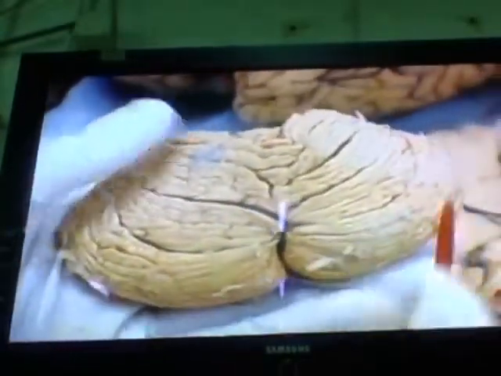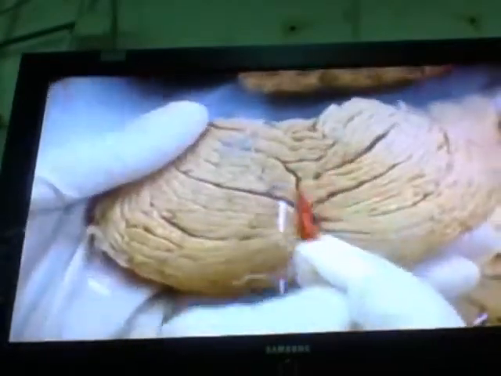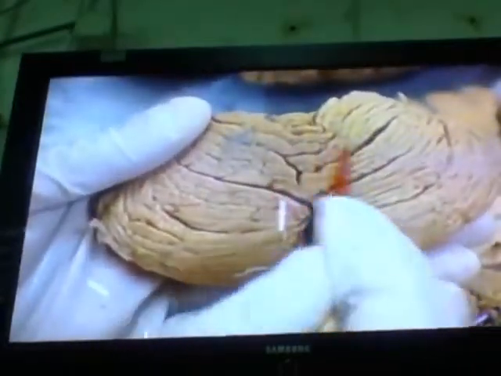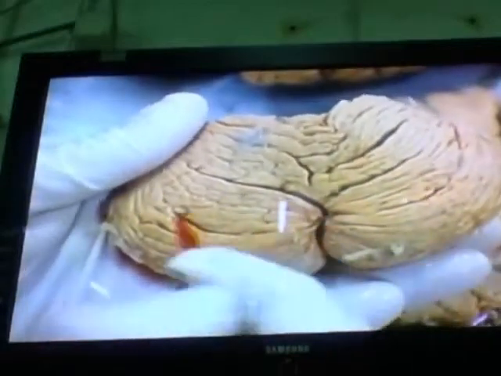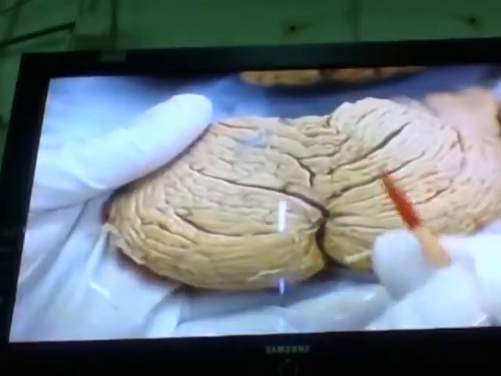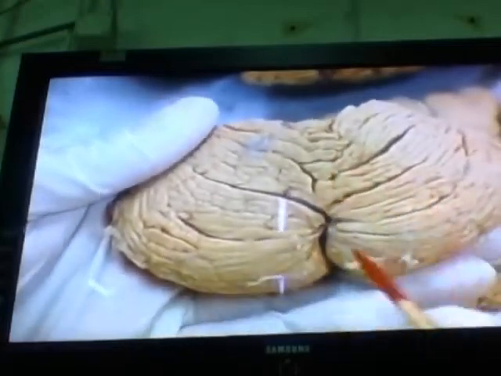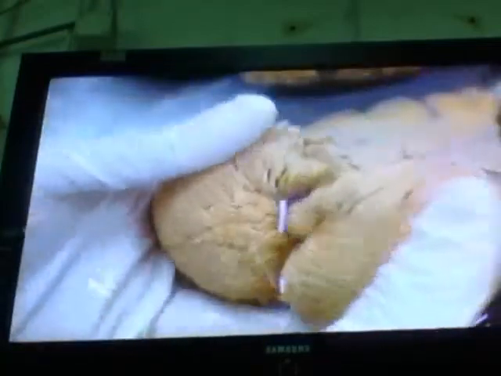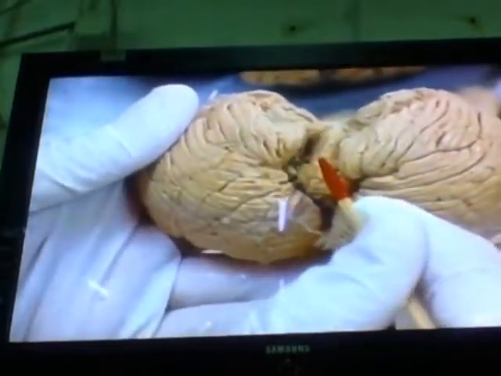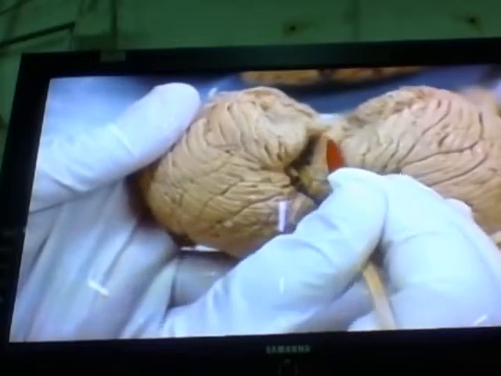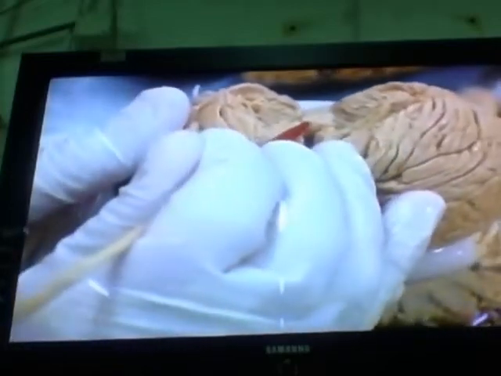Okay? If we go back to this, on this view, here we will have, so we said that you have the vermis here, and the cerebellar hemisphere laterally. And so we have, look at the other side actually to be better. Here you have the tuber, here you have the pyramid, here you have the uvula, and here you have the nodule.